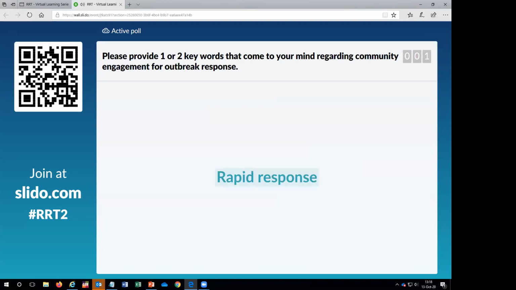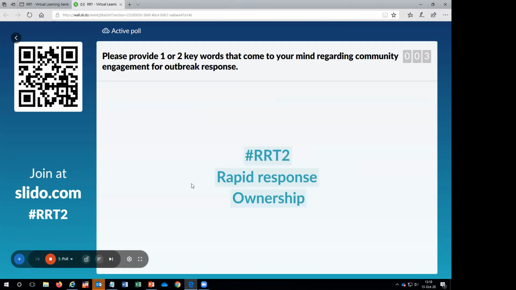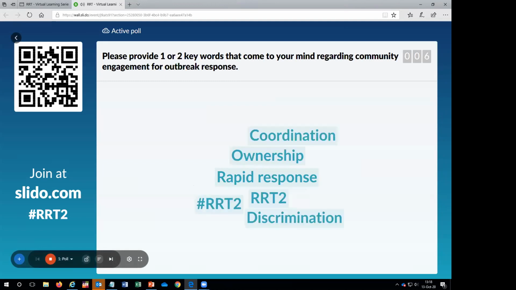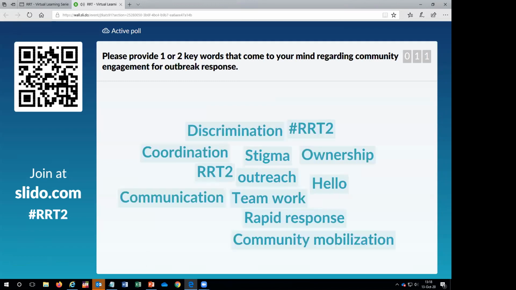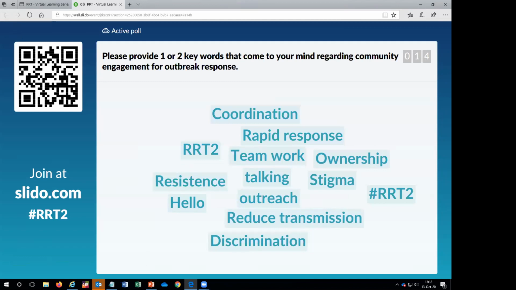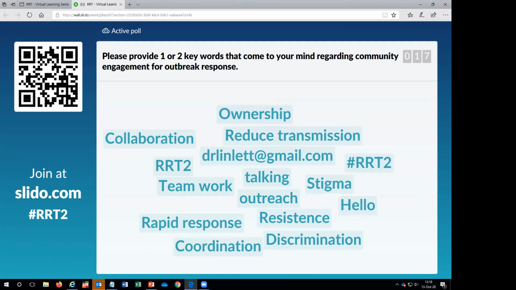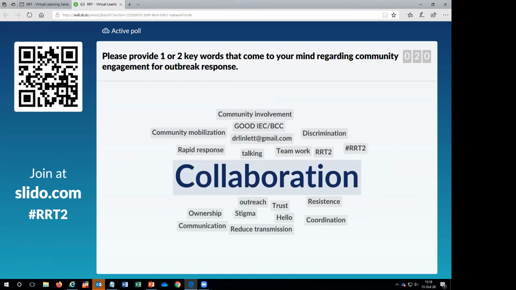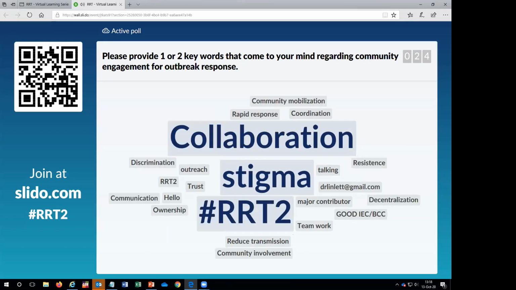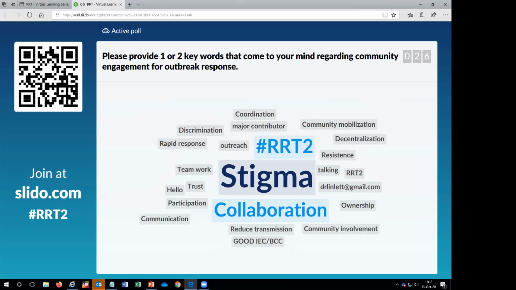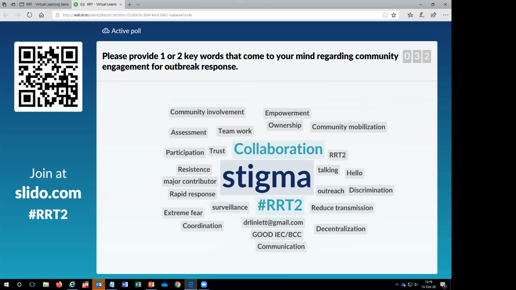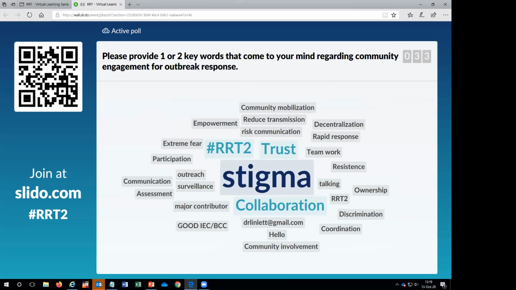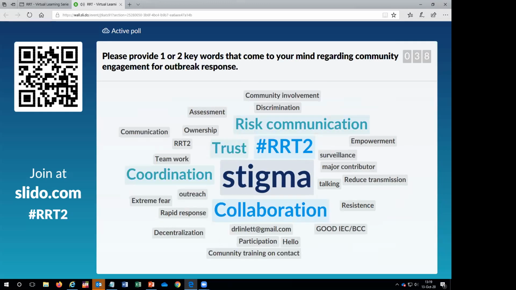Thanks, Silvio. This activity is just a quick brainstorming activity, and it's an icebreaker as well. We are just testing for the time being. It's going faster than last time. I guess many people are now used to Slido and are prepared. So, 2 keywords that come to your mind regarding community engagement. You can add as many responses as you want.